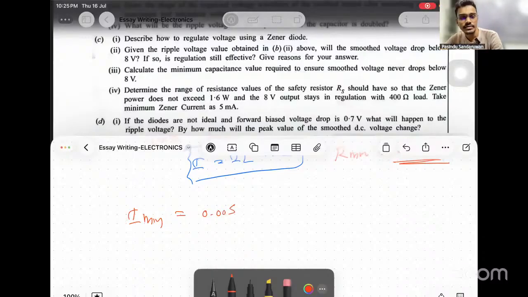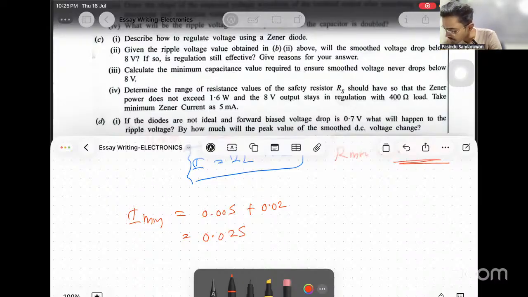Then 0.005 plus the load current 0.02, the minimum current here is 0.025.